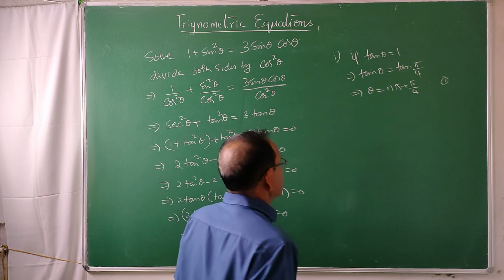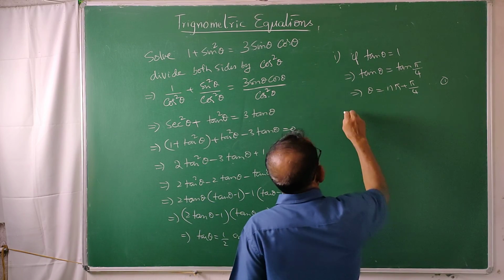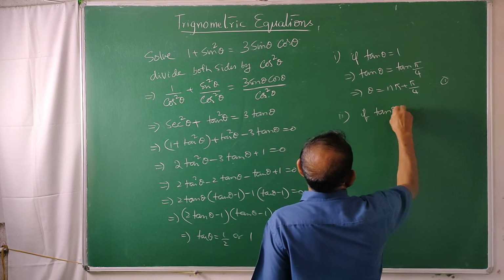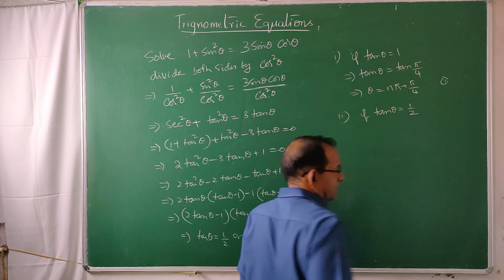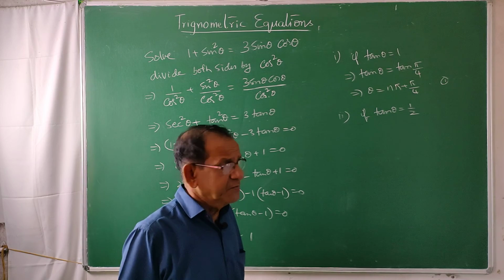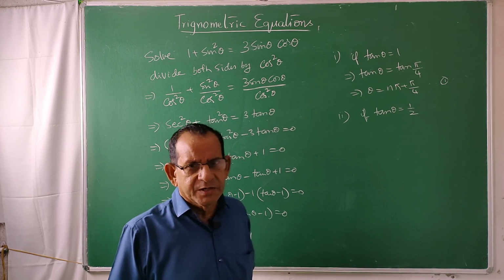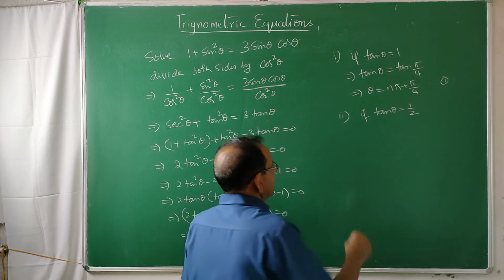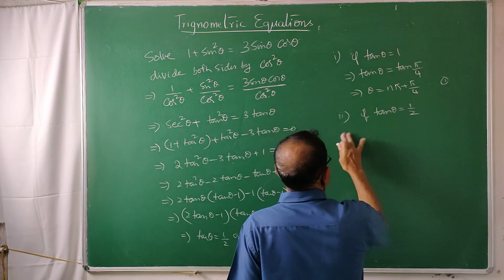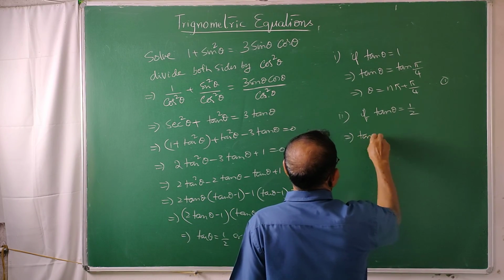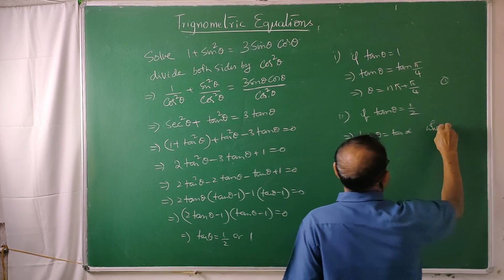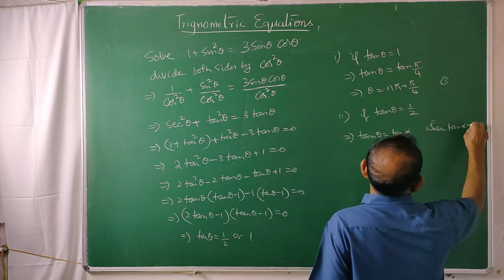Now let us take the second case. Tan theta is equal to 1 by 2. If tan theta is equal to 1 by 2, there is no direct value for tan alpha is equal to 1 by 2. So I have to write some alpha where tan alpha is 1 by 2. That implies tan theta is equal to tan alpha where tan alpha is equal to 1 by 2.